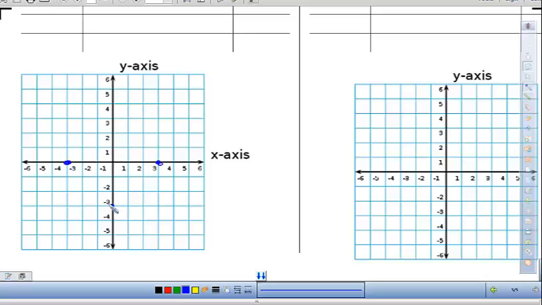Then we had 1, which was about negative 2.8, and negative 1 was also about negative 2.8. So that gives us a pretty good idea about what this might look like. That last step was to connect these solutions using a smooth curve. So it may look something like that.